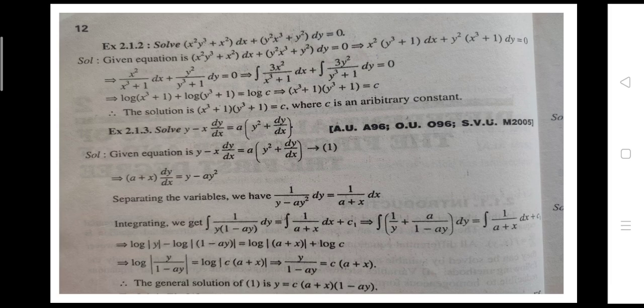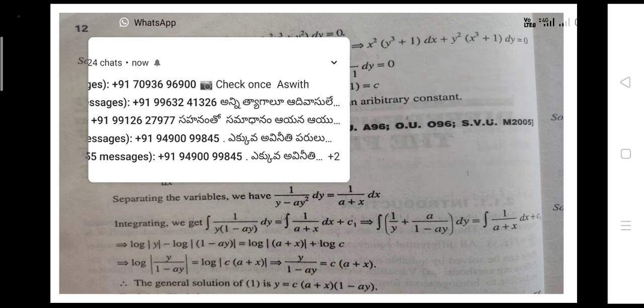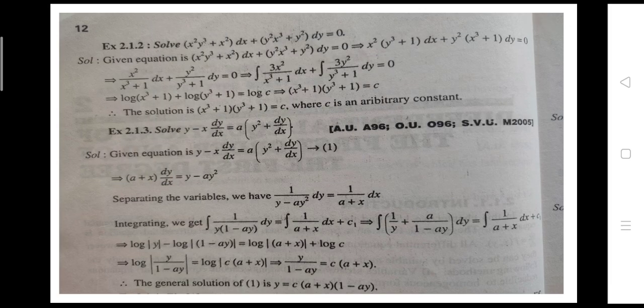The second integral is also the same, that is integral of 3y square by y cube plus 1 dy, which is also in the form of integral f dash x by f of x dx. Now integrating, we get log of x cube plus 1 plus log of y cube plus 1 is equal to log c, where c is an arbitrary constant.